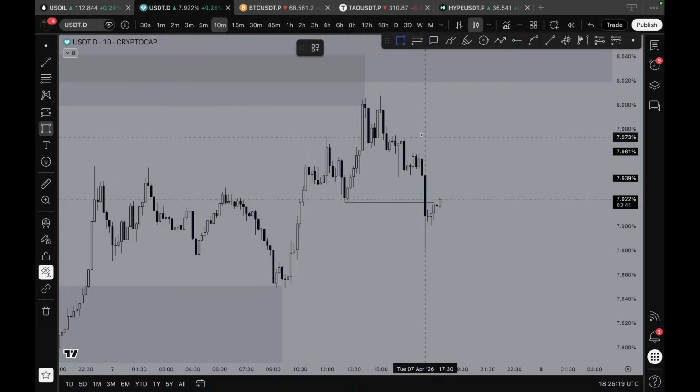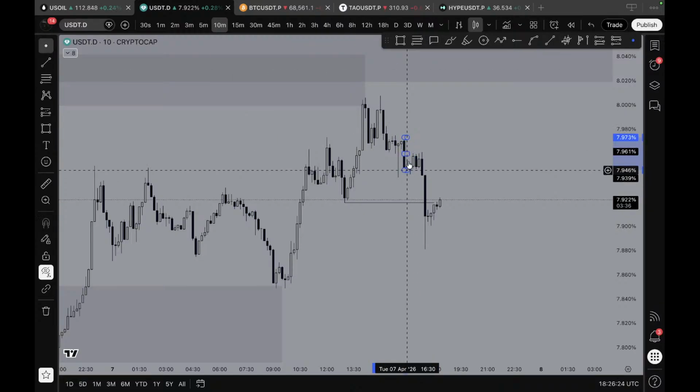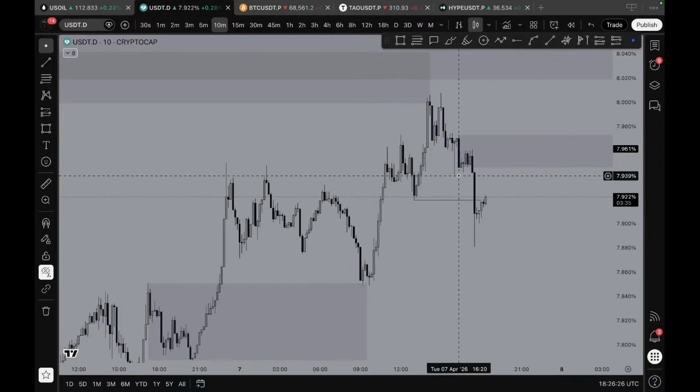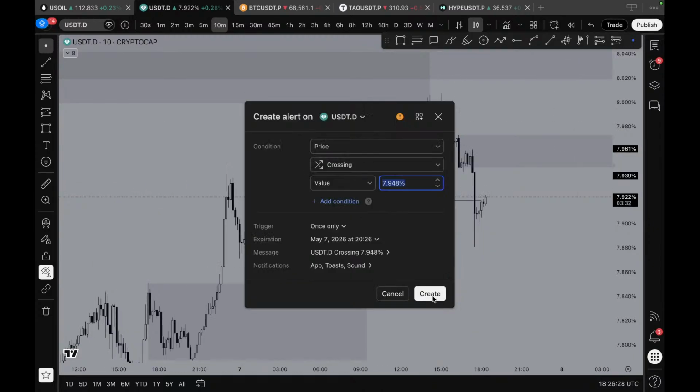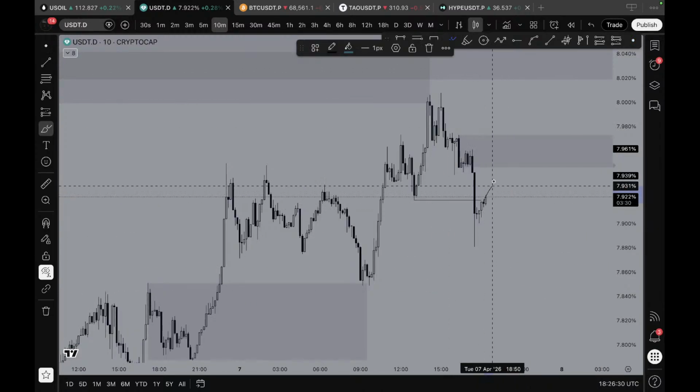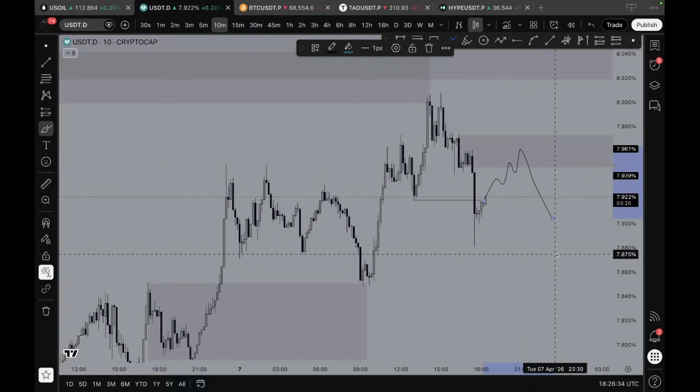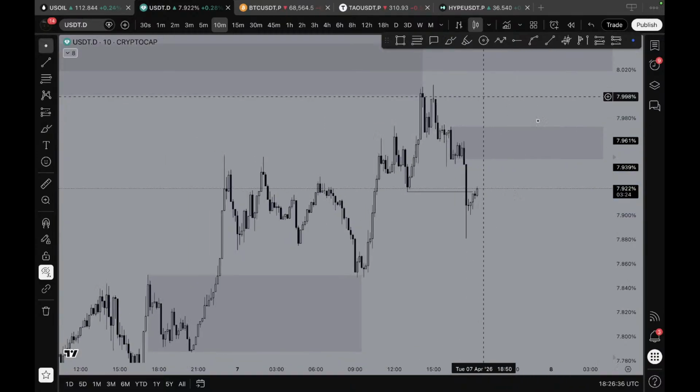I will just pick this whole zone. So alert there to see if price comes into here and then rejects. That would be a nice confluence for longs on BTC.